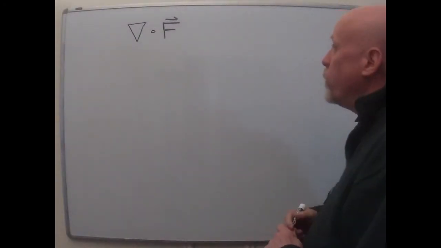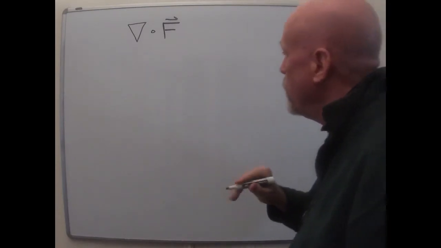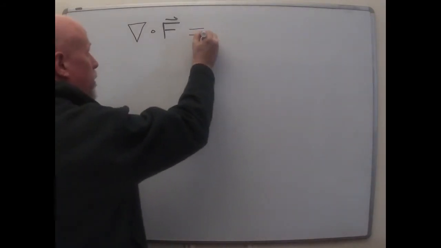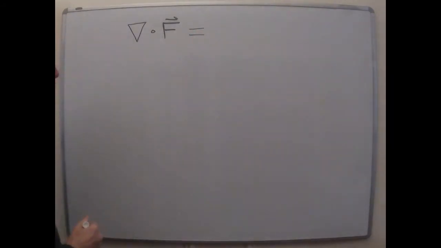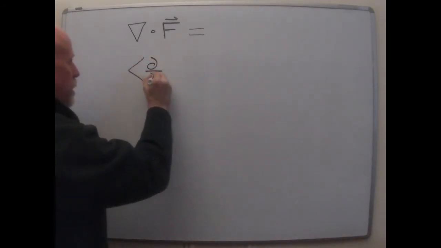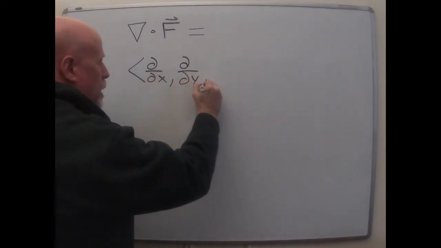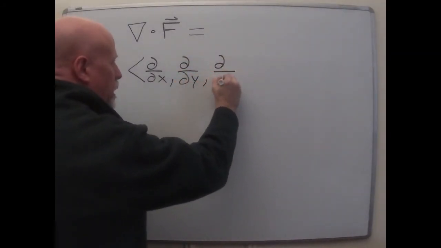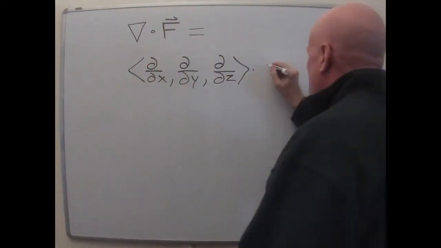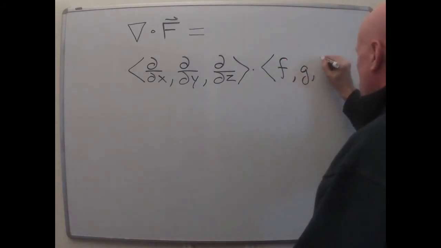If we do del dot F, where F is a vector field, what does that look like? It's going to be this del operator, partial x, partial y, partial z, dotted with the vector field, which is going to have its component functions f, g, and say h.